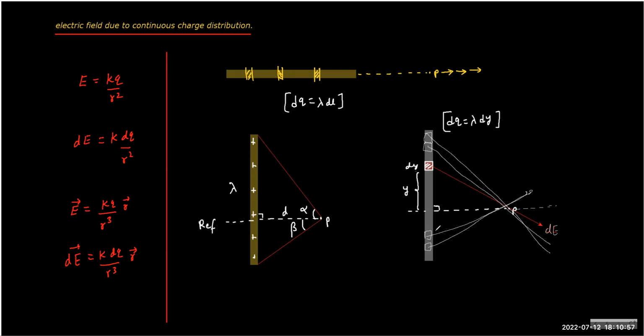Imagine a scenario where we have equal length up and below, like if the perpendicular you have drawn exactly bisects the rod. If alpha and beta are equal, then for every elementary above, there is a symmetrical elementary below.